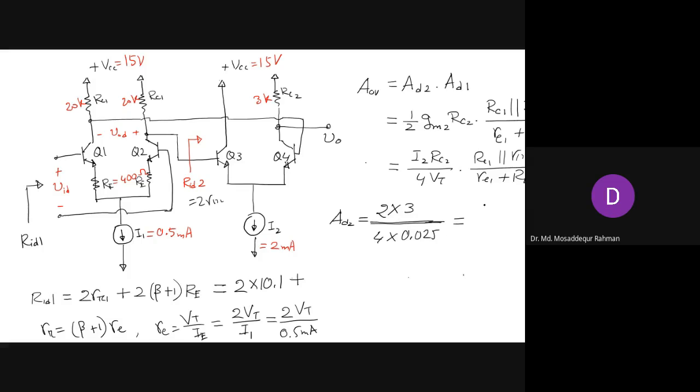So you get 6 divided by 0.1, which gives you 60. So that will be the gain for the second stage.